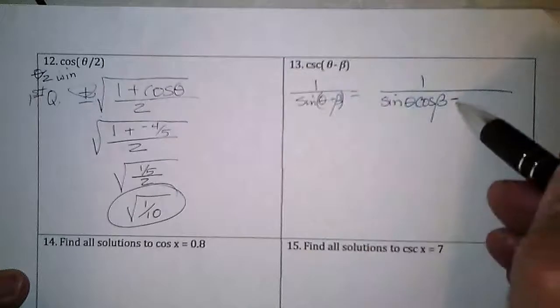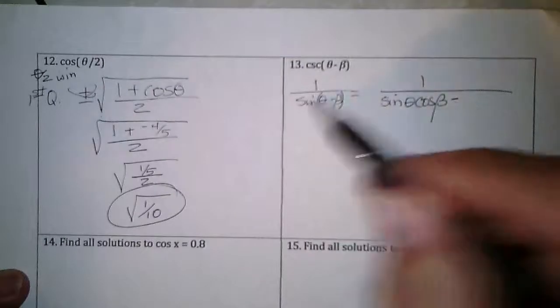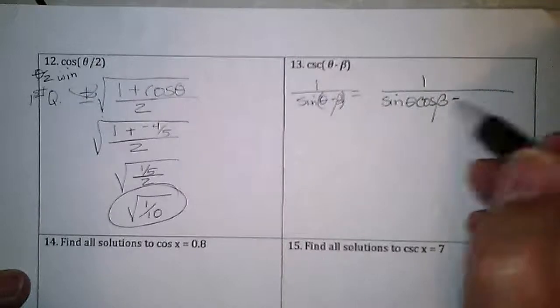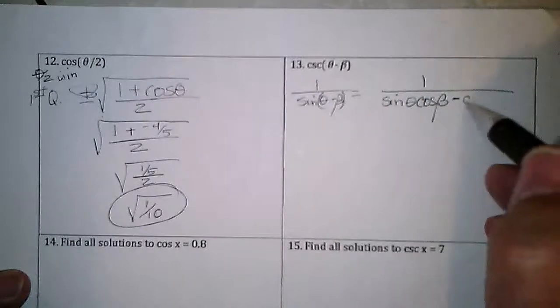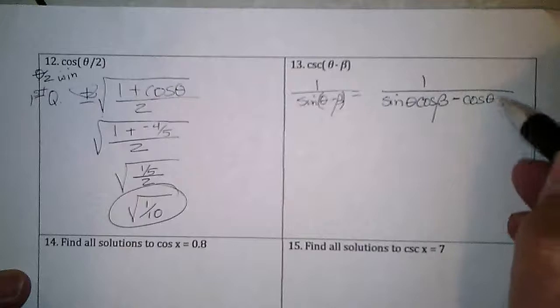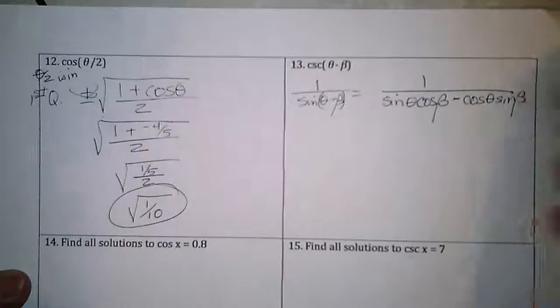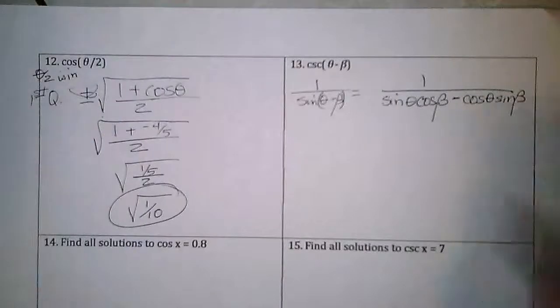If it's minus here, it's minus in the sine formula. Cosine, they change, but sine doesn't. And then it's sine cosine, then cosine of the first, sine of the second. So now we just have to look at that other page again and see what they are.